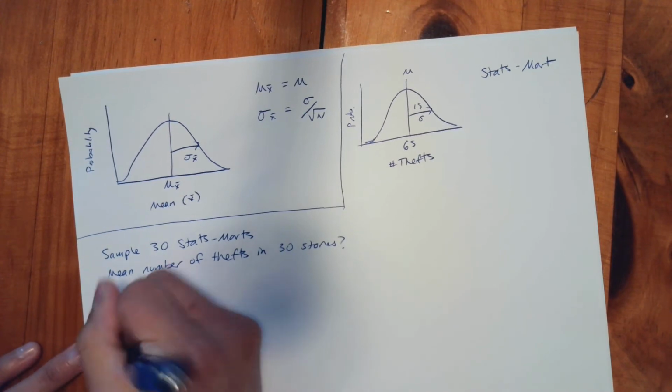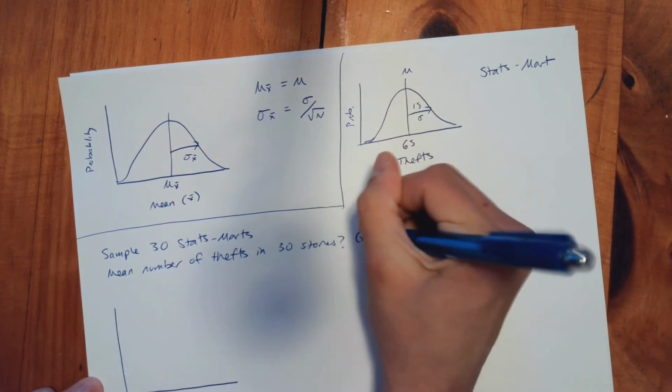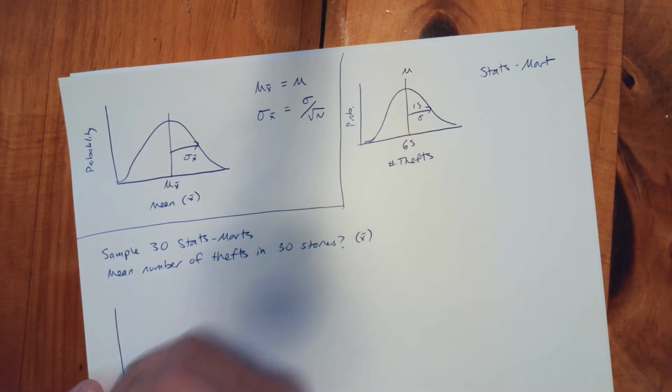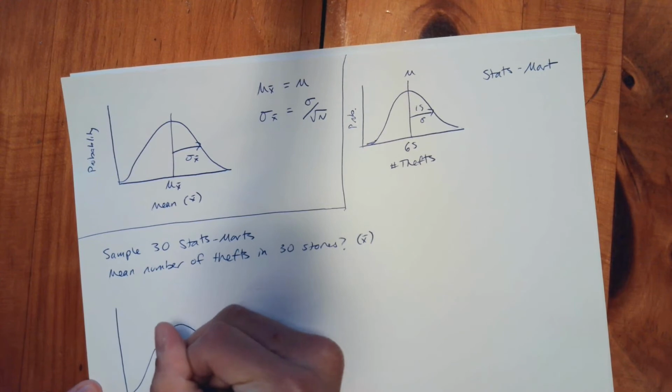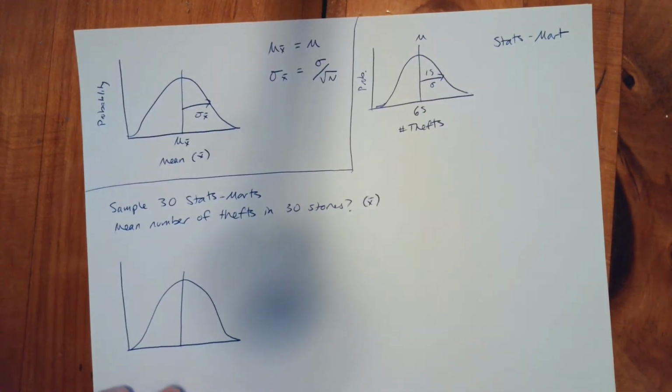And what we're going to do here is draw a sampling distribution that describes this value here, which again we can also call x bar. So it's going to be the sample mean. And what the sampling distribution is going to tell us is the likelihood of getting different mean values in our sample of 30 stores.